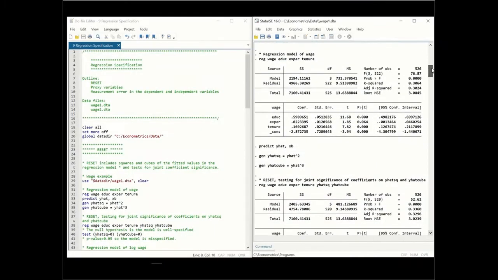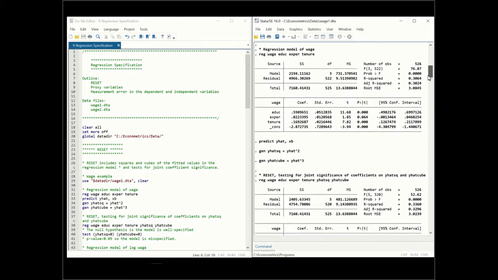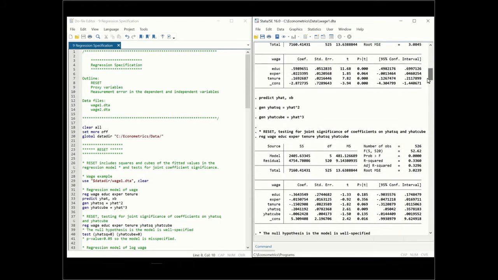So this is the regression model of wage. We see these are the coefficients. We actually see that many of them are significant at the 5% level. The coefficient of experience is significant at the 10% level. So again, we're getting the predicted values, and we are squaring and cubing them, and then we are putting them back in the regression.